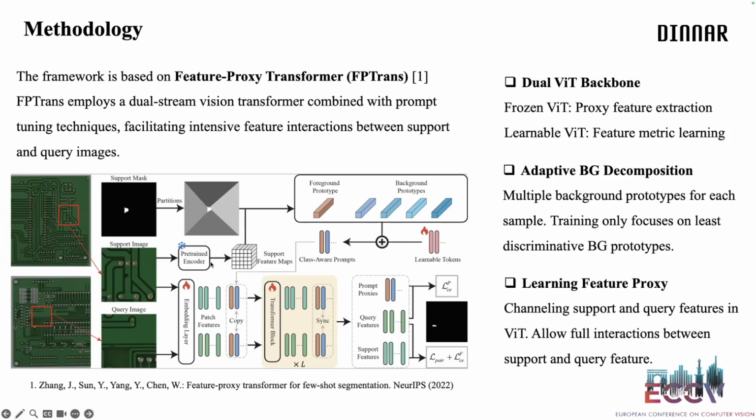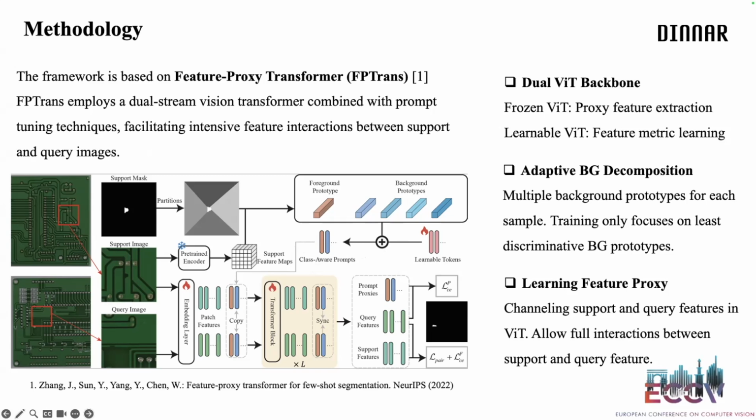After this vision encoder, we generate the foreground prototype and the background prototypes, and add learnable tokens to generate our proxy. Proxy is like meta knowledge that tells the model what it needs to do. It needs to segment the support image into a foreground mask, which is a defect, and a background prototype.